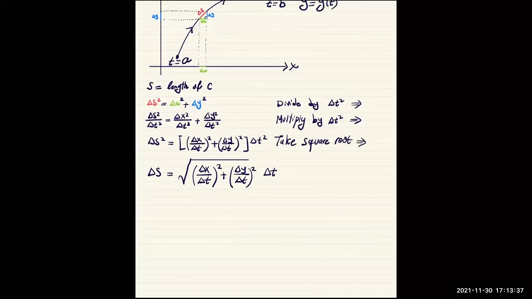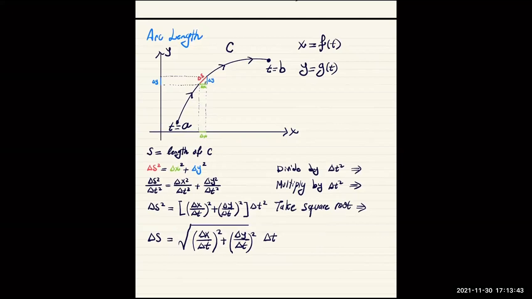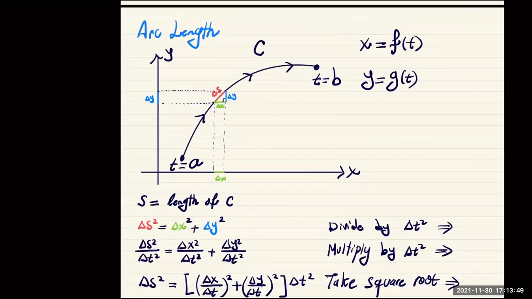Now the question is, how do you find the whole arc length? Well, what you can do is break up this arc into many delta s's. Here you have one delta s, you can call that delta s1, delta s2, delta s3, delta s4, and so on, and add them up.